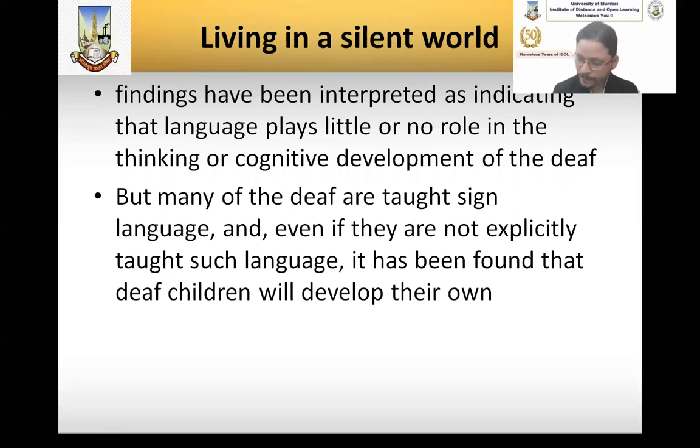When we say language is important in cognitive development, here those who cannot listen or speak also think. Their cognitive development occurs equally, the way ours does. So some researchers are saying that language is not merely an important factor for cognitive development.